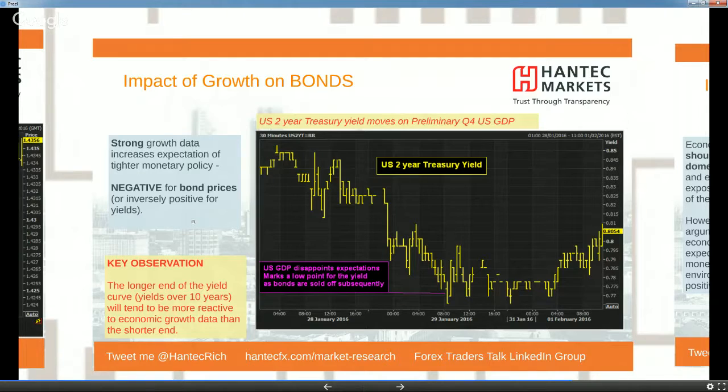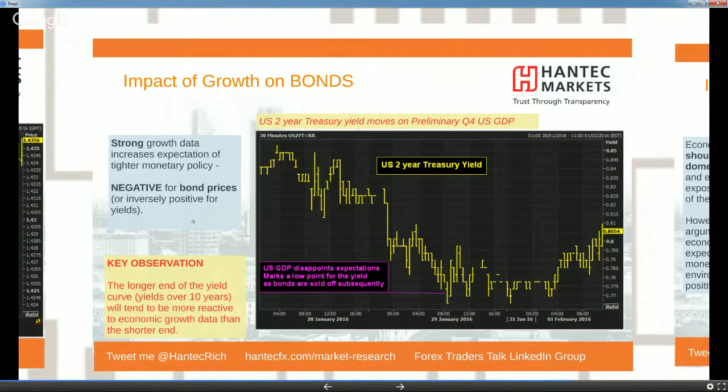So it's not necessarily. You'd argue that certainly strong growth data should be negative for bond prices, because, as I said again, bonds are fixed income.